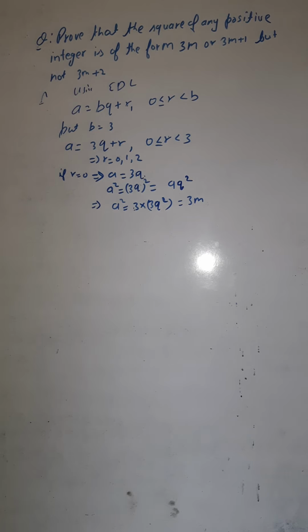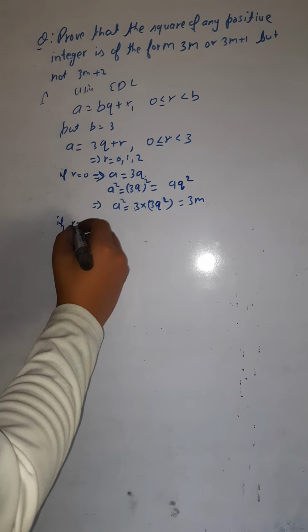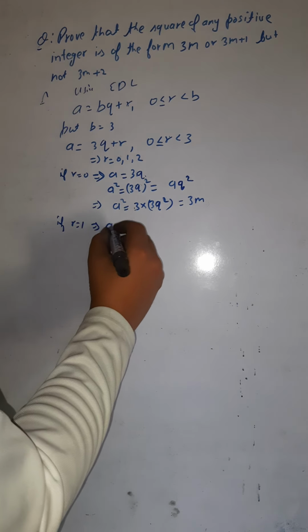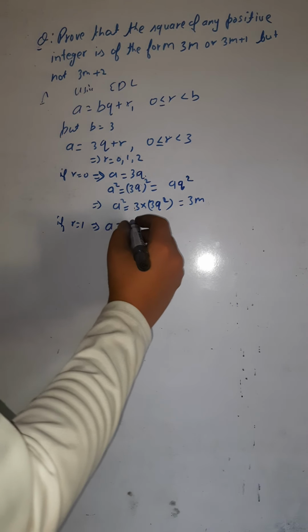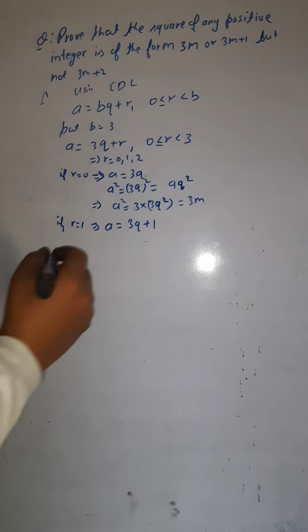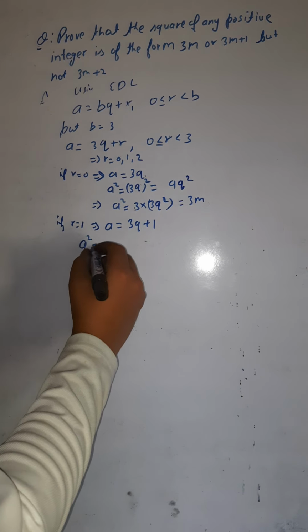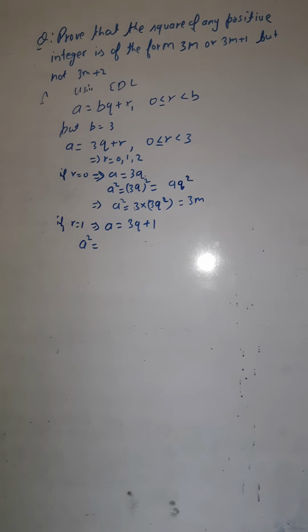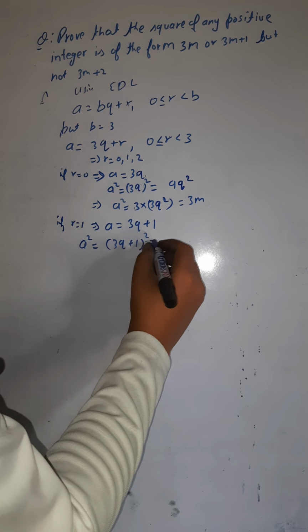Okay, now let's take the value of r as 1. Now if r is equals to 1, it implies a would be how much? 3q plus 1. So find out its square. So a square would be equals to 3q plus 1 whole square.